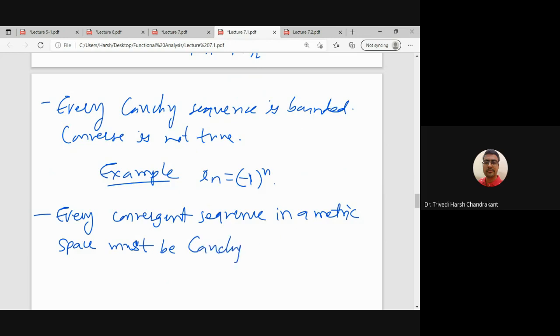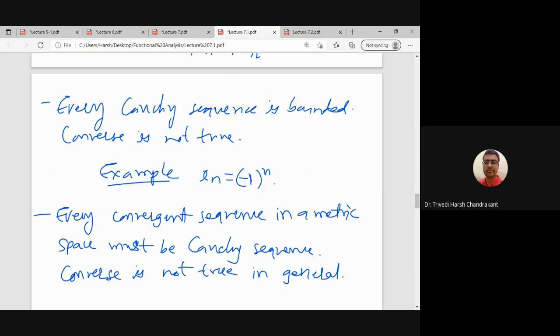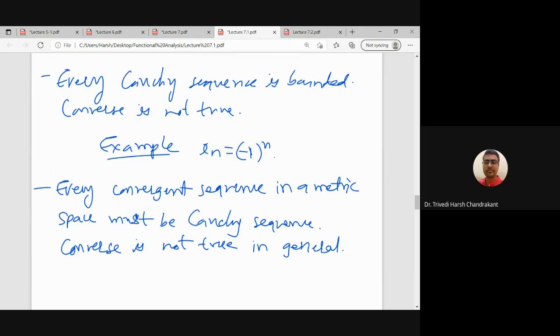The converse is not true. So do you know an example of a metric space in which you have a Cauchy sequence which is not convergent?